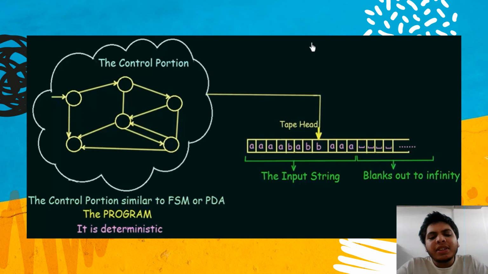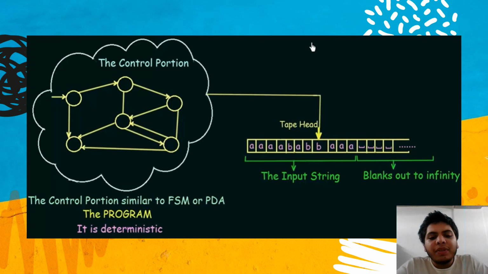The tape is another important part of the Turing machine, and as we already discussed, the tape consists of the tape head, which represents the current portion of the control, then the input string filled into these cells, and then the empty cells which are filled with symbols known as blank symbols.